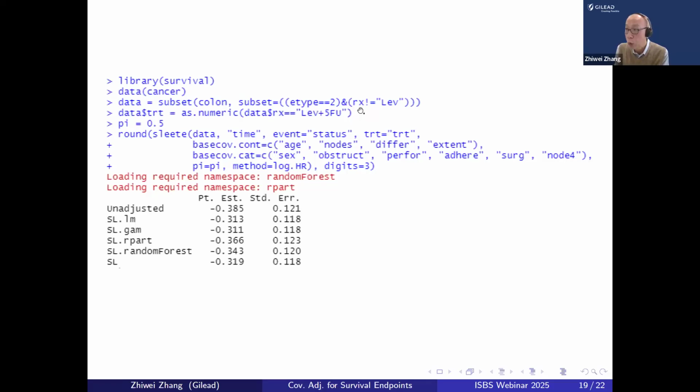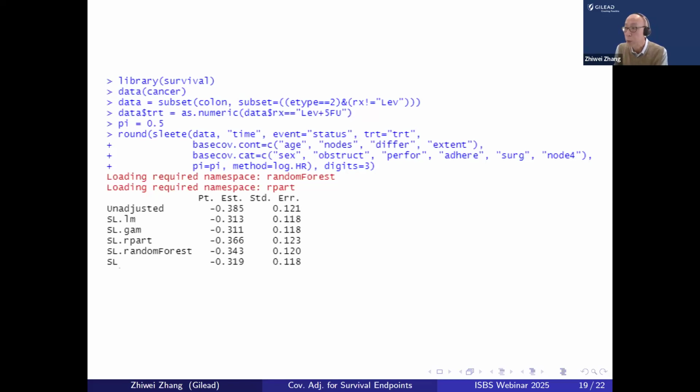And we also need to exclude the levamisole-only treatment group defined by the variable rx. So this line of code gives us the subset we need. Next, we define a numerical treatment variable and the probability pi of receiving the experimental treatment. And then we can just call the sleet function to request an augmented analysis using a superlearner.